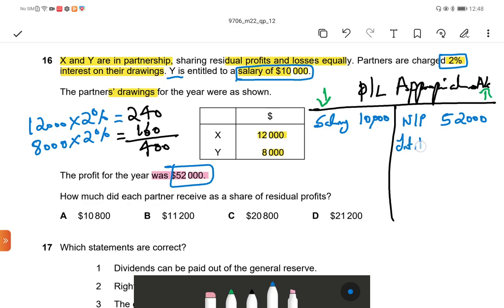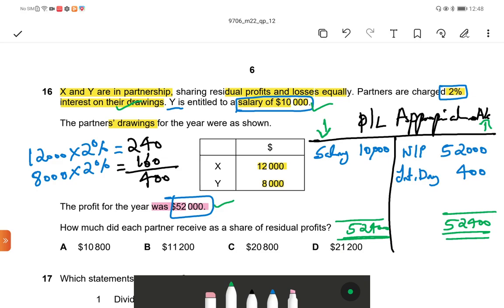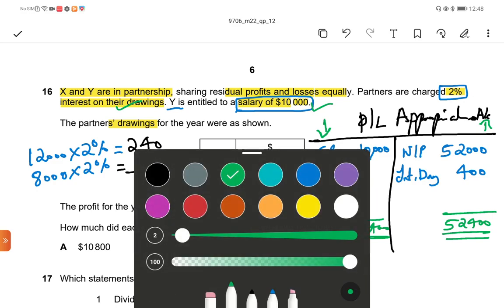Interest on drawing 400. We are done with salary and interest on drawing. Then how much is the residual profit? 52,400 minus 10,000, 42,400.